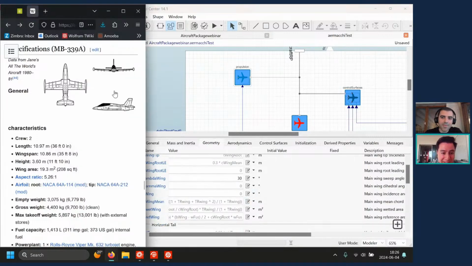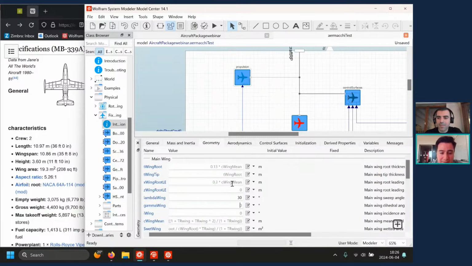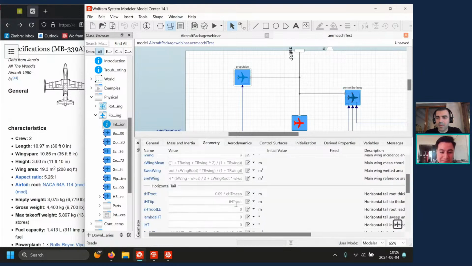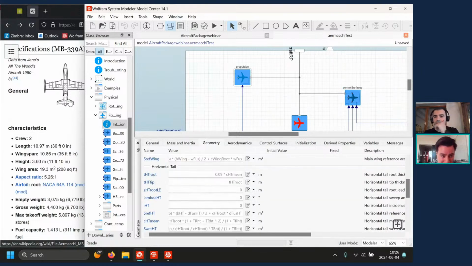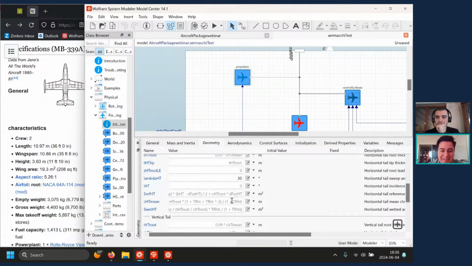It has a tiny bit of incidence that we can see over here, so it's around 3 degrees. Of gamma, not incidence. It's dihedral. The horizontal tail also has some 30 degrees of sweep. Let's put it over there. And the wing reference area is actually given here on Wikipedia, 19.3.